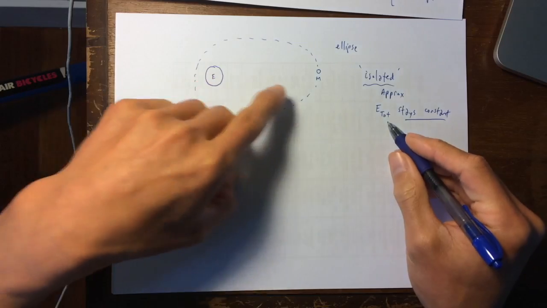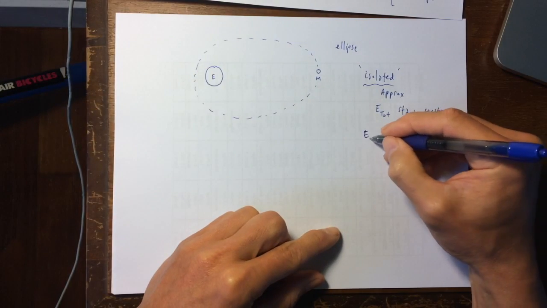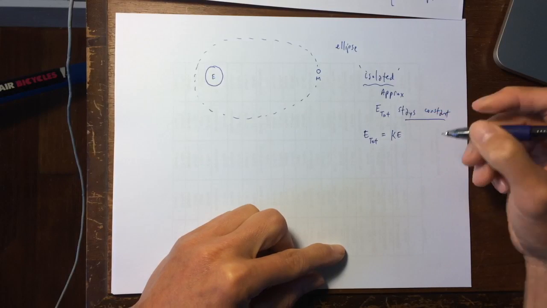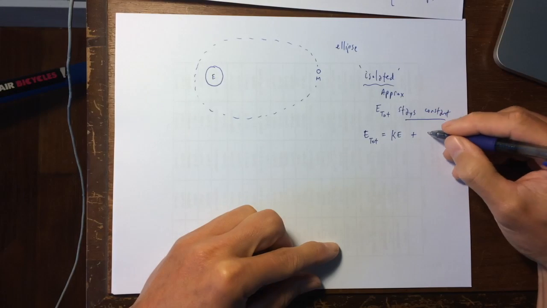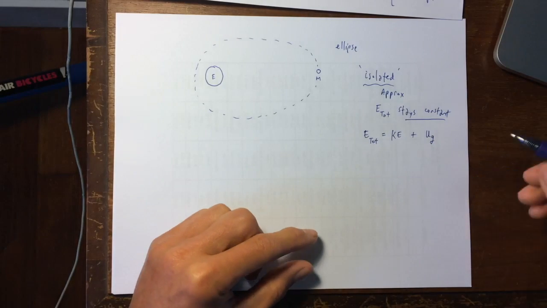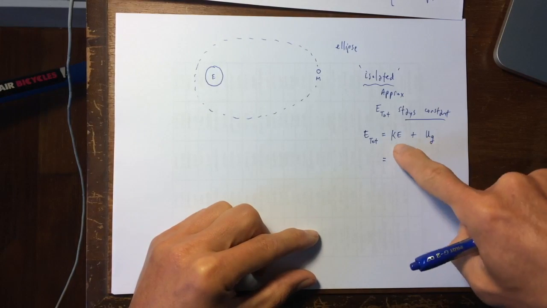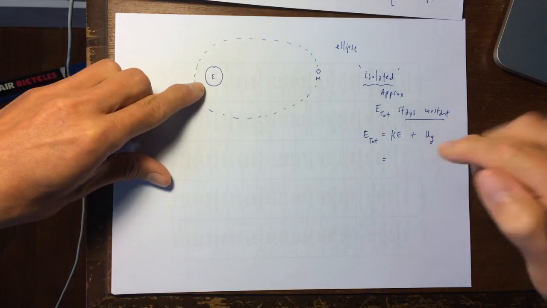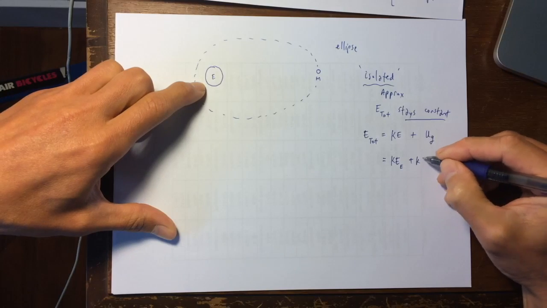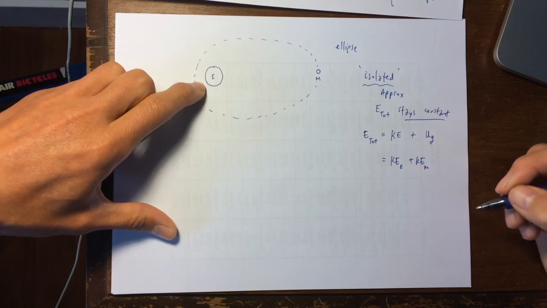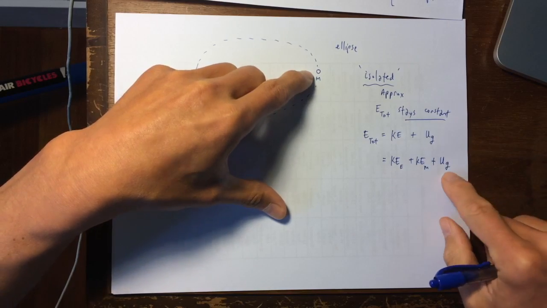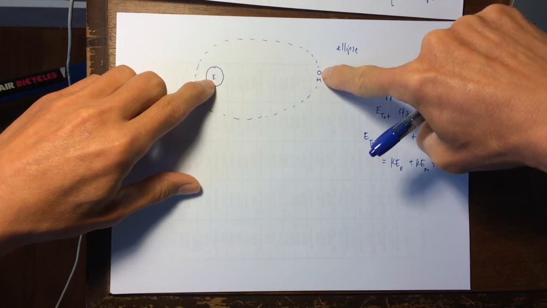The total energy of this little system is comprised of kinetic energy and potential energy, gravitational potential energy in particular. The kinetic energy, it's really interesting, is actually the kinetic energy of the Earth plus the kinetic energy of the moon, plus the gravitational potential energy in the Earth-Moon separation.